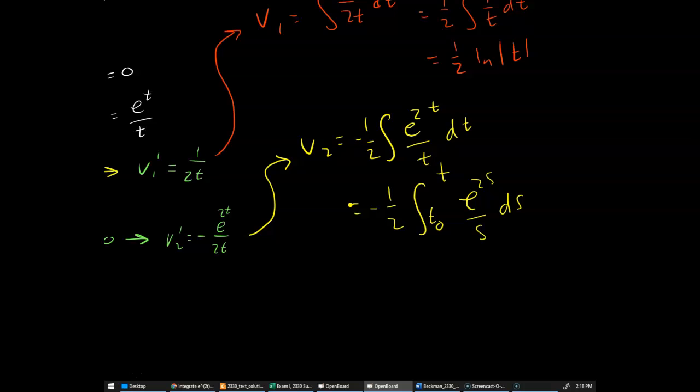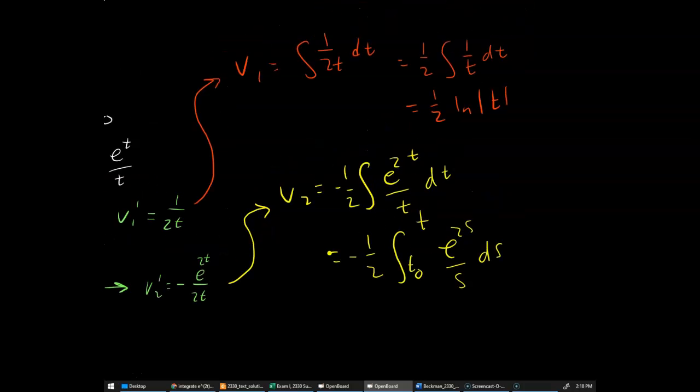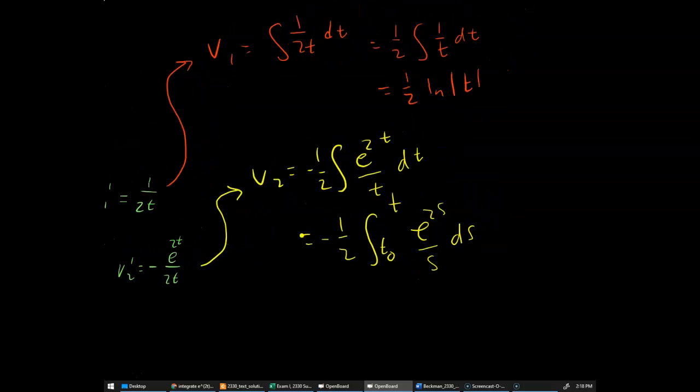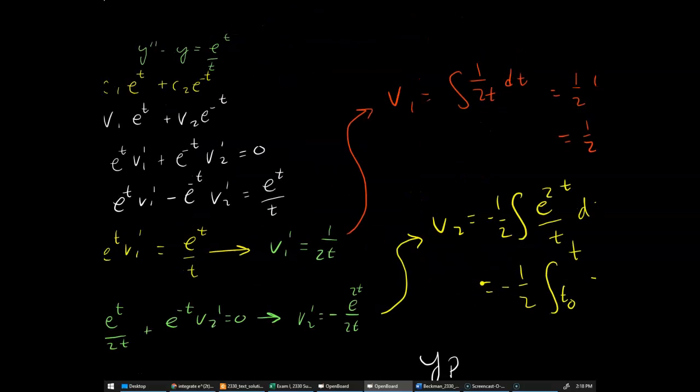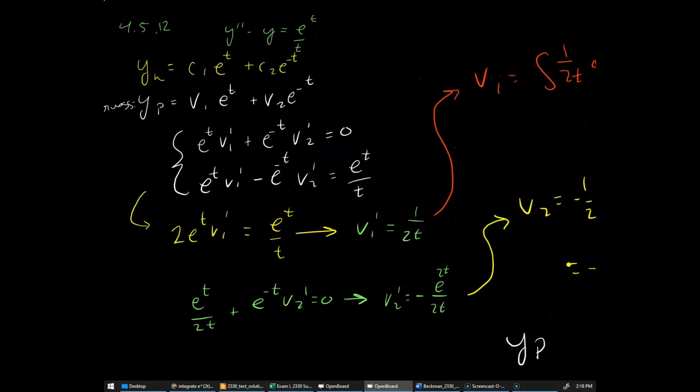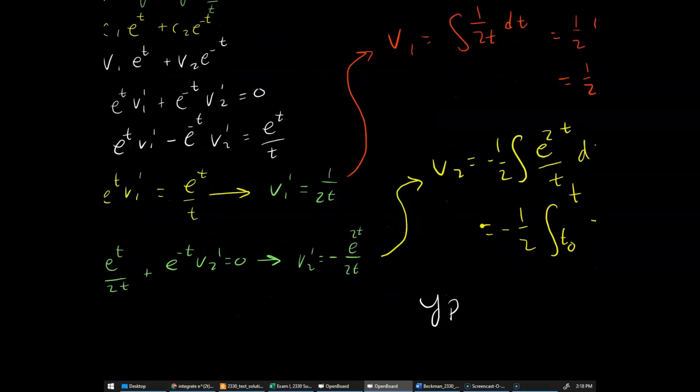So let's plug this all in here. We say that our y particular, if you recall, I can show you over here where it was. y particular is v1 times e to the t plus v2 times e to the negative t.